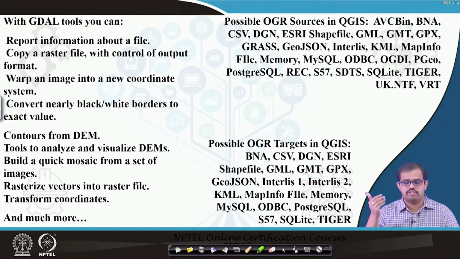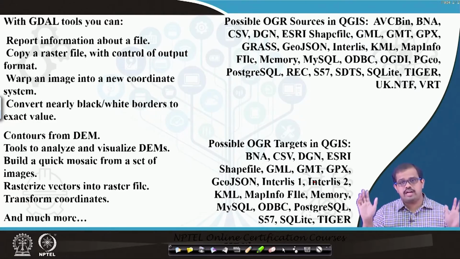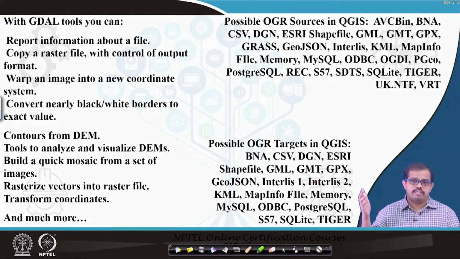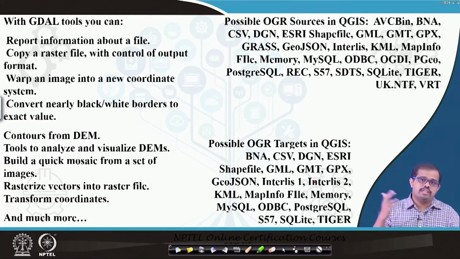Then you have MySQL, SDTS, SQLite, NTF, Tiger. So all of these things can be handled very effectively through OGR in QGIS. Okay, when you are looking at OGR targets, the way it is saved, whatever target you need, every well-known target or extension is possible with OGR. That is the backbone of the vector data model in QGIS.